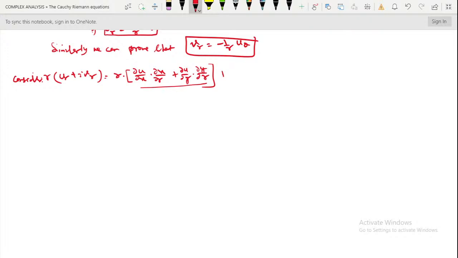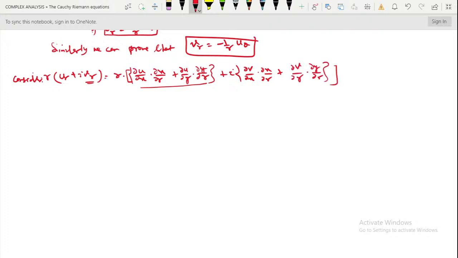Similarly, then i times, what is your vr? Then this will be del v by del x into del x by del r plus del v by del y into del y by del r. Okay.